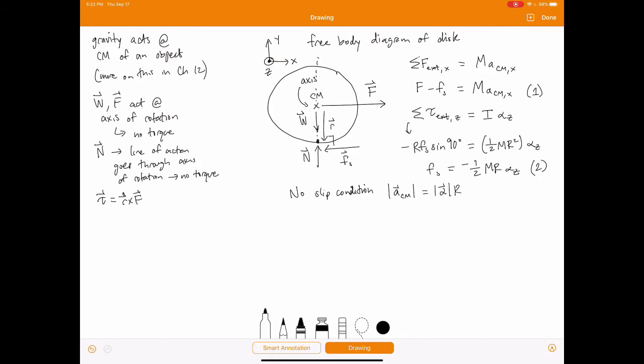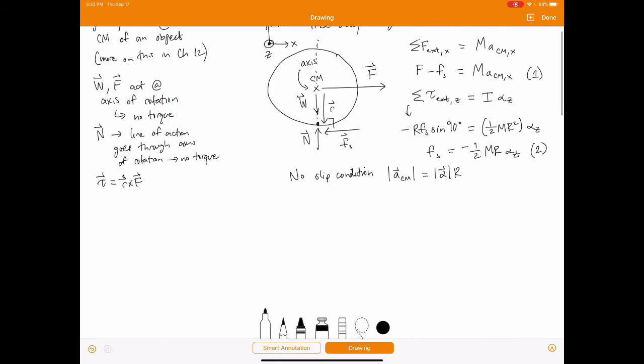But again, those are just magnitudes. So when it comes to the situation we have here, our object is accelerating in the positive x direction. So the acceleration of the center of mass in the x direction is positive.